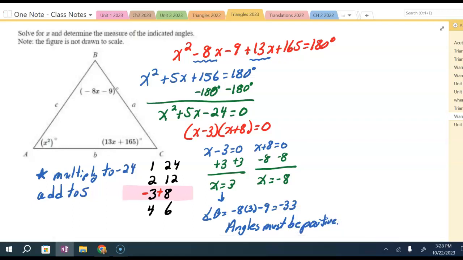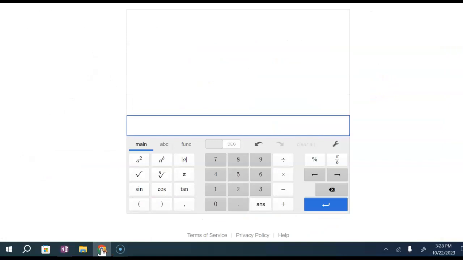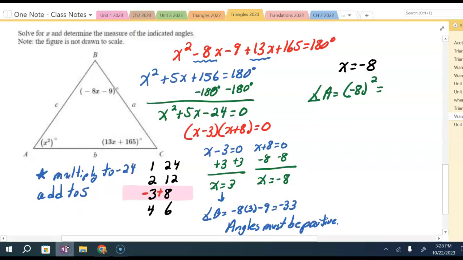So what this tells me is the only answer to this problem to give me positive angles will be x equals -8, and let's check it. So angle A is -8 squared. When I type this into the Desmos calculator, make sure you use parentheses. Notice you'll get 64.